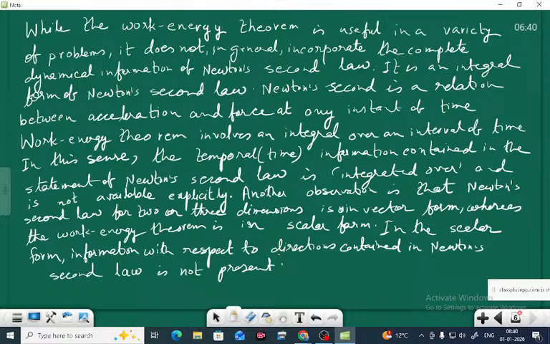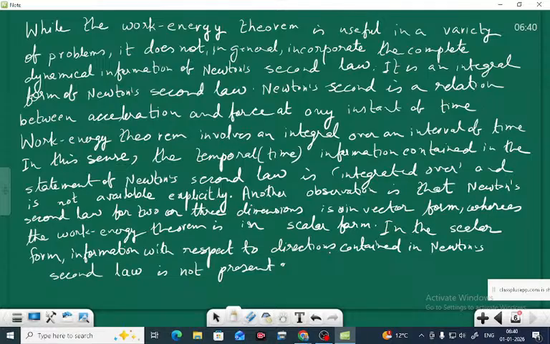So here we find that the work energy theorem is in scalar form, but in two and three dimensions the second law is in vector form, and there is a contradiction here, right? So we can say that Newton's second law for two or three dimensions is in vector form, whereas the work energy theorem is in scalar form.